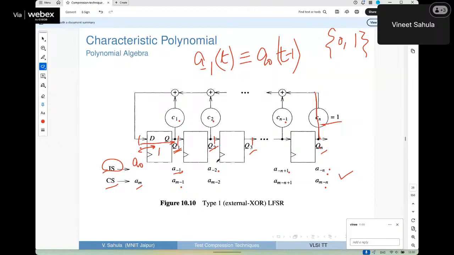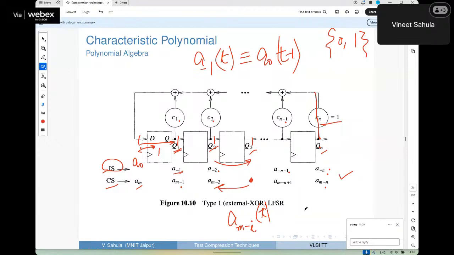So if I take somewhere here, suppose AM minus I at time t, AM minus I at time t will be related to this register through flip-flop.